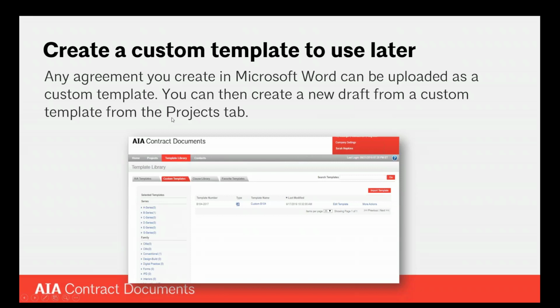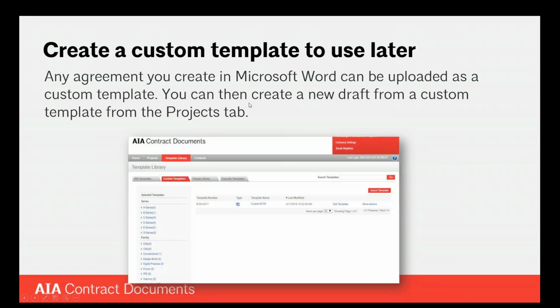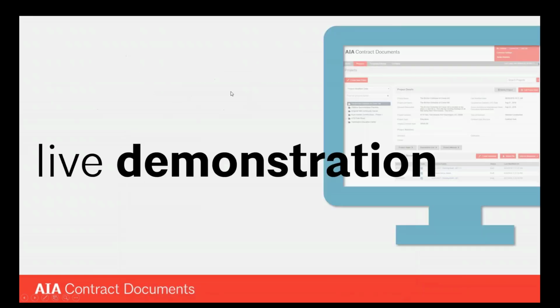That's going to be under the Template Library tab. We're going to go over this in a live demonstration in just a second, but when you click on that Custom Templates sub-tab, then you can use that Import Template button. And this is how you can use custom templates for offline editing. So we're going to go through that right now.